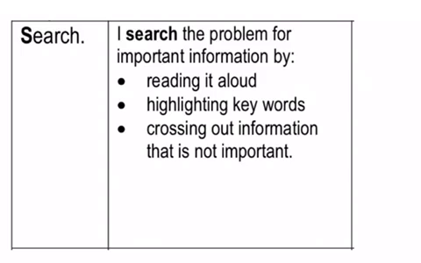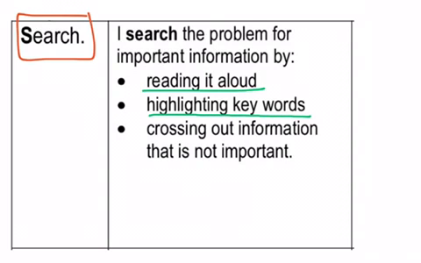As you see on your handout, the first one again is search. So, I search the problem for important information by reading it aloud. Perhaps you can read it aloud as a class. Highlighting keywords.